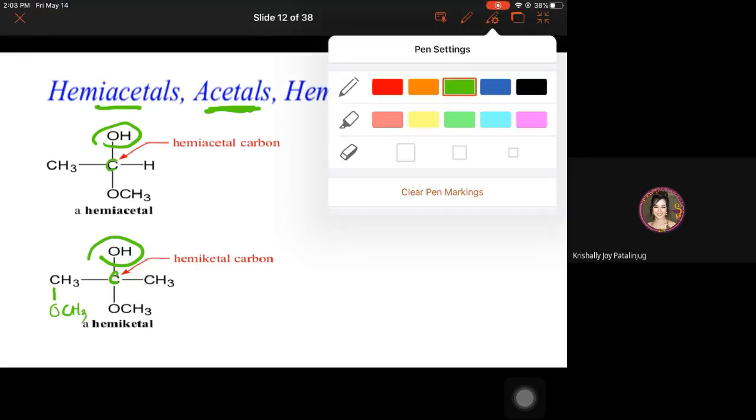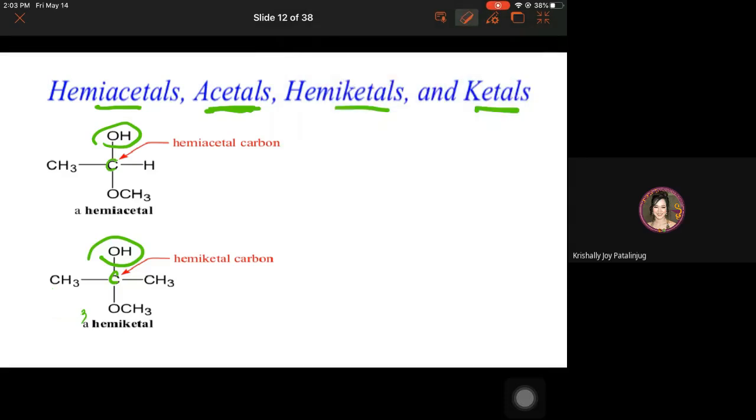Dapat ang OR pod naka-attach on the same carbon kung asa naka-attach ang OH. So, pag kita nimo OH, naka-attach on the same carbon naa ay OR. Okay? So, hemi pa imo ang naibalan, hemi. Kanus-a siya ma-hemiacetal, dapat naa siya fourth bonding position nga hydrogen. Kung wala na presence of hydrogen, then that is hemiketal.